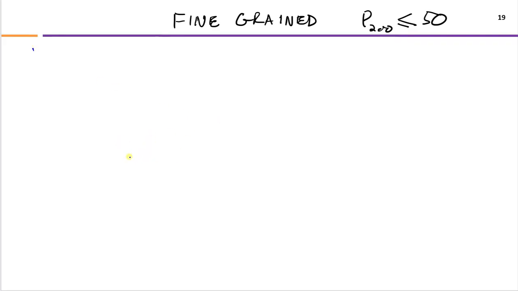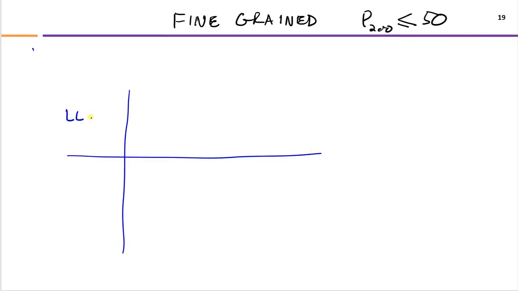Remember, whenever it's a fine grained soil, you will directly go to the plasticity chart, and from that chart you will come to know what kind of soil it is. And even if you don't want to draw the plasticity chart, this is how we are going to divide. Liquid limit is less than 50, and the second case is liquid limit is more than or equal to 50.